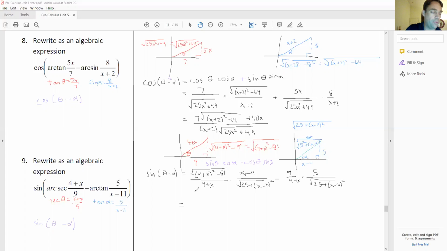So when we put it all together, we get x minus 11 times 4 plus x squared minus 81 minus 45, all over 4 plus x times 25 plus x minus 11 squared.